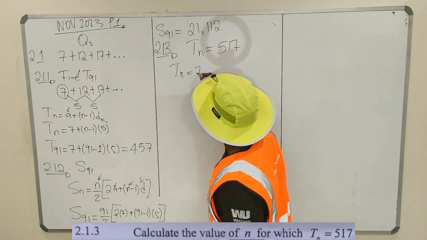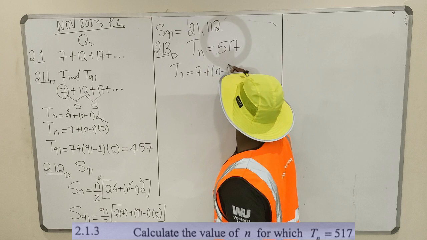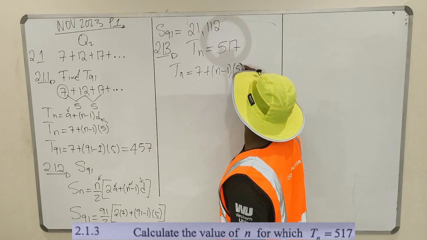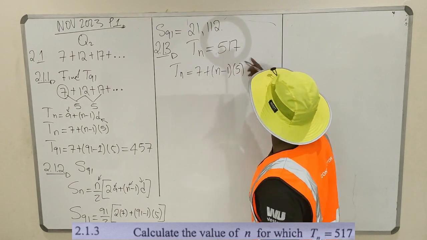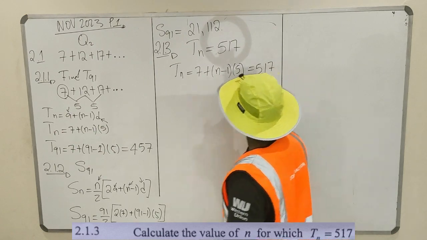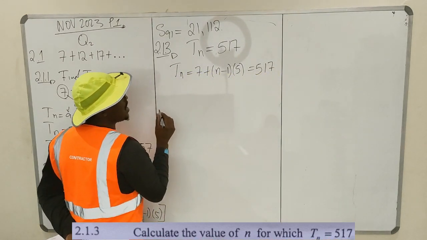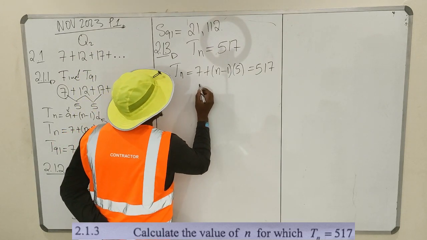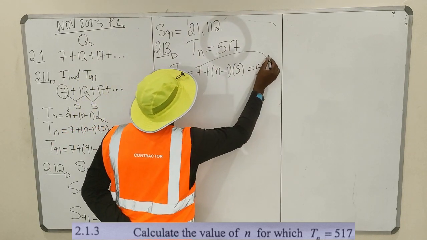Tn is equal to 7 plus (n minus 1) times d, which is 5. The Tn, which is this, is equal to 517. Then you solve for the value of n, which they are looking for. The first thing, you transpose the 7 to the other side.